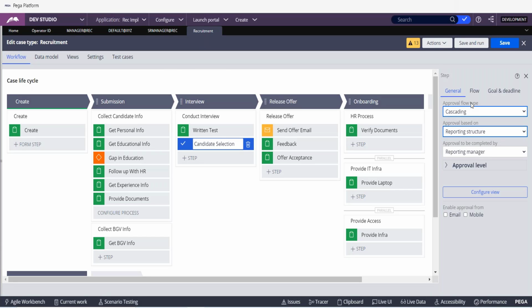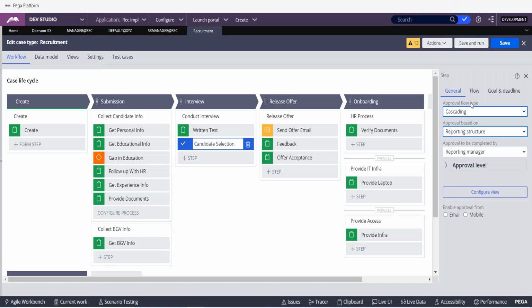Whereas sometimes your approvals are required from people who are outside of your reporting structure. For example, you have raised a claim request. That has to be approved by your manager, after which it goes to your finance department.